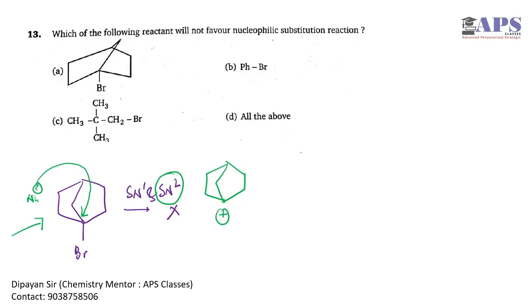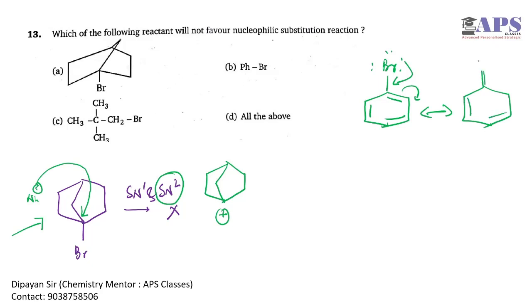Same thing for B. This is bromobenzene. In case of bromobenzene, we can see this kind of situation. If resonance is present, there will be some double bond character introduced. If we draw the resonance hybrid of these two, we can see a partial bond present between carbon and bromine.